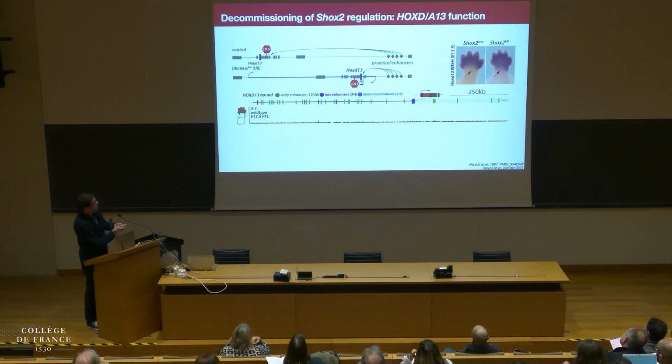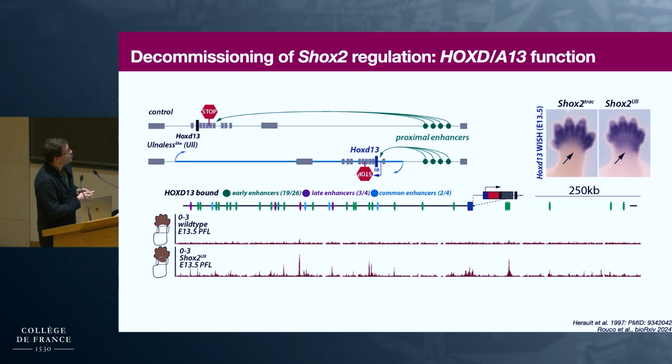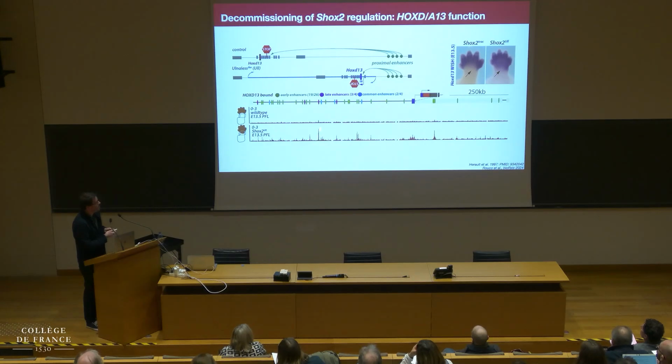If you dissect this part of the limb in a normal wild-type animal and you do a HOXD13 CUT&RUN, you will of course see no binding across the SHOX2 locus. If you do it in the mutant, you can see that the protein is there and it's binding a lot of our enhancers. So that's a good link between the presence of this protein and the enhancers.